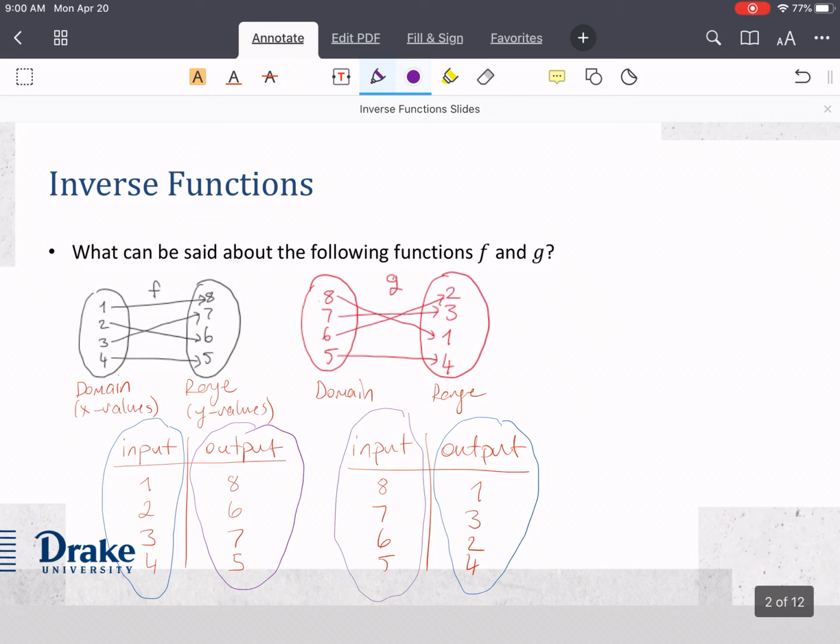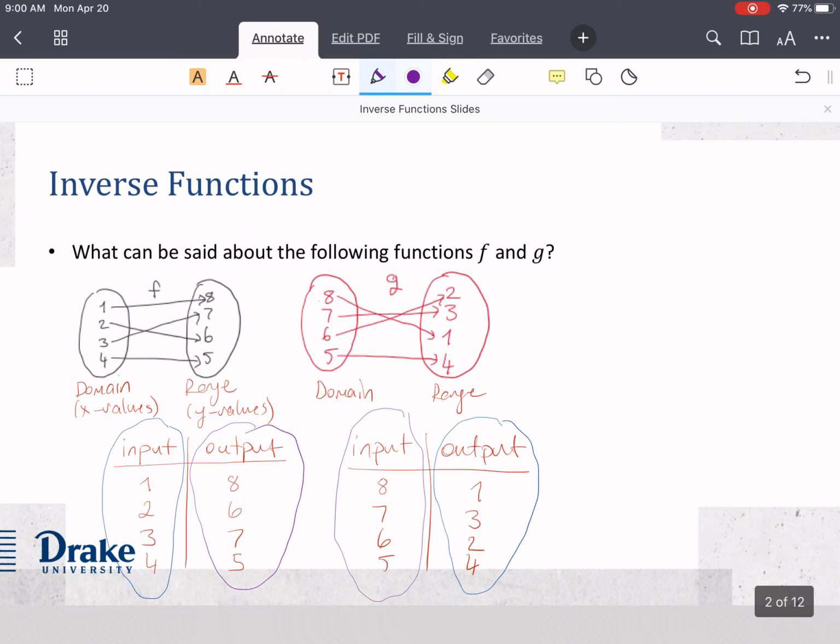So as you can see, there is some kind of reverse order going on, because this function takes input of 1, 2, 3, 4, and then this function takes the input of 8, 7, 6, 5, and it seems that these functions have inverse relationships.